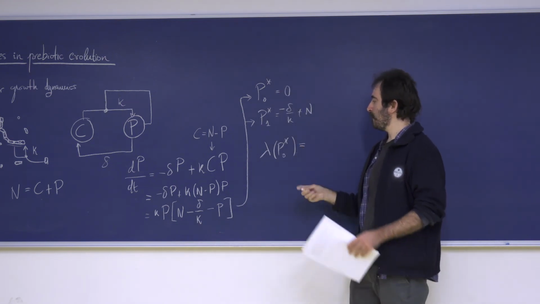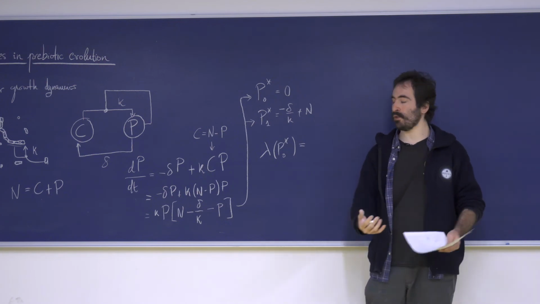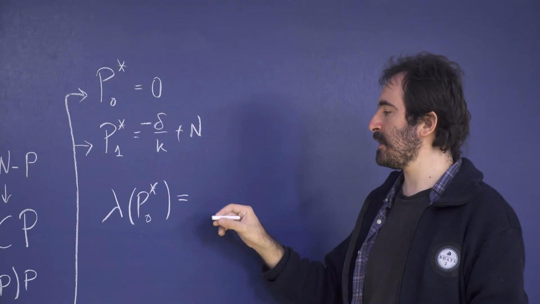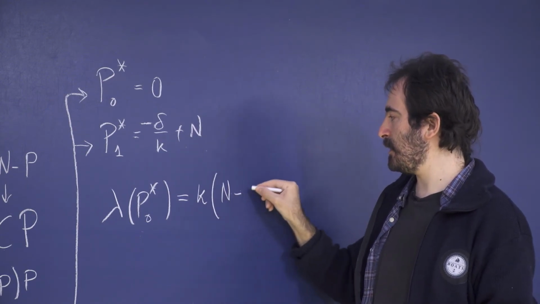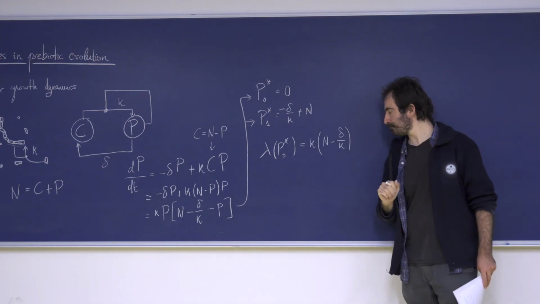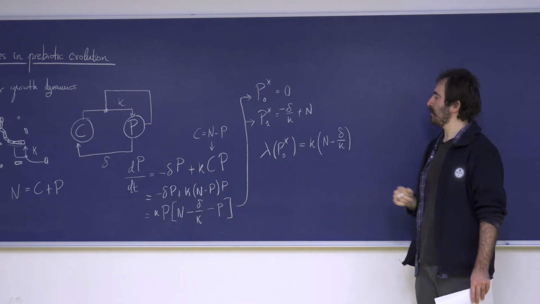If this is a bit costly for you to see, please do it yourself, and you'll see that it's not so difficult. I'm skipping a few steps here, but not that many. Notice that I am left with this, and now I can debate what the stability of this fixed point is.